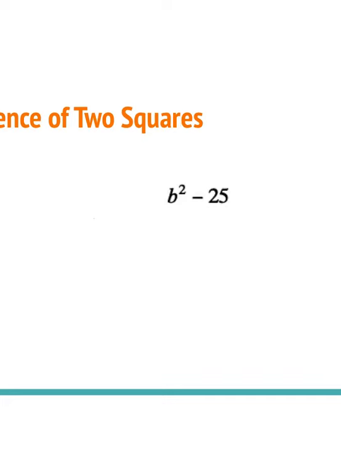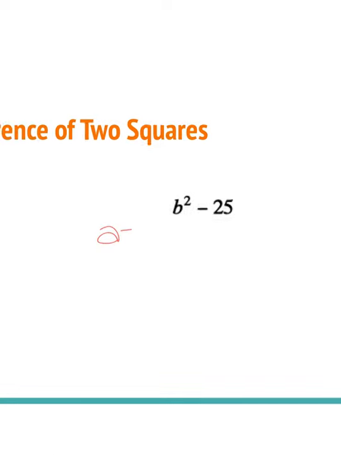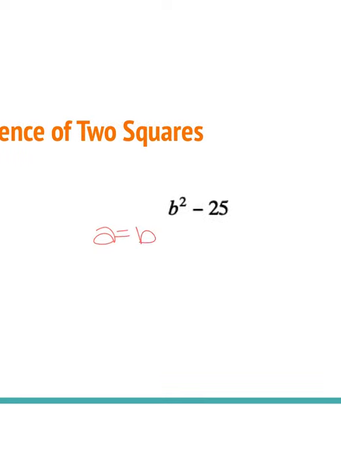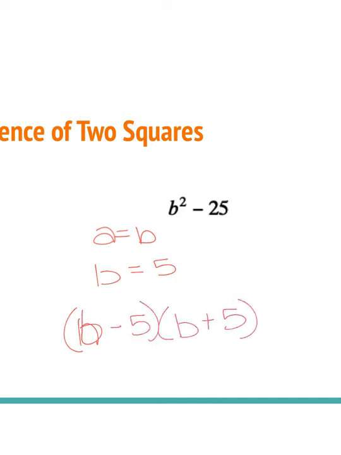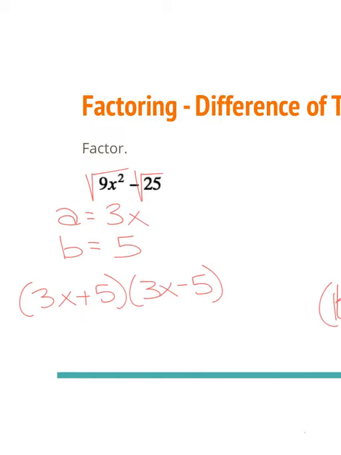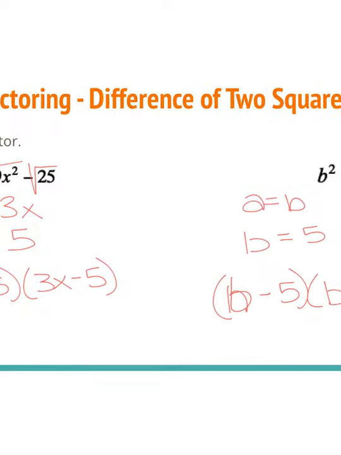All right, the last one here, our A is really B. And our B is 5. So I'm going to write it this way: B minus 5 times B plus 5. All right, doesn't matter. I put my minus sign first here, and I put my plus sign first here. Doesn't matter.